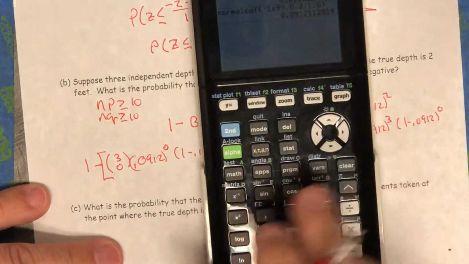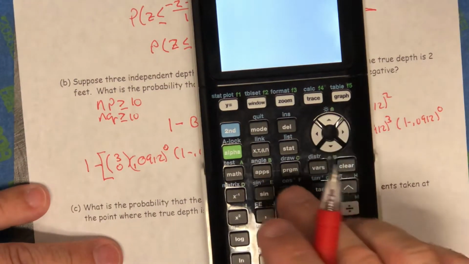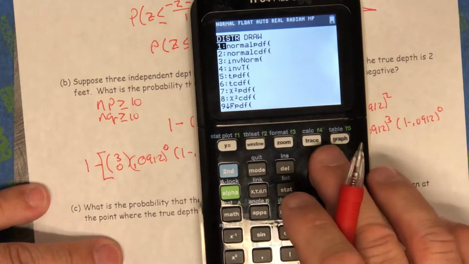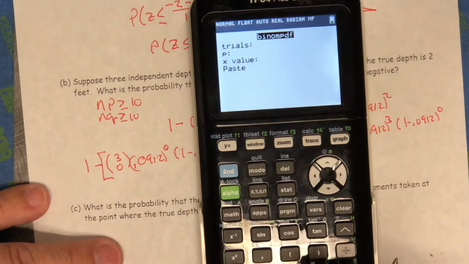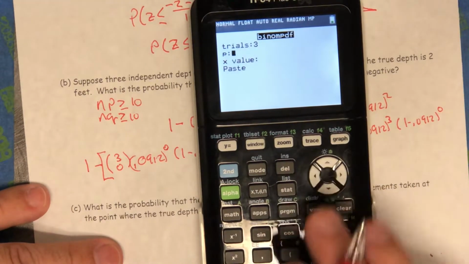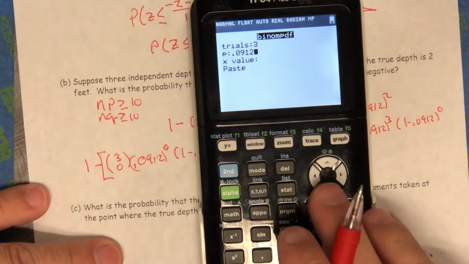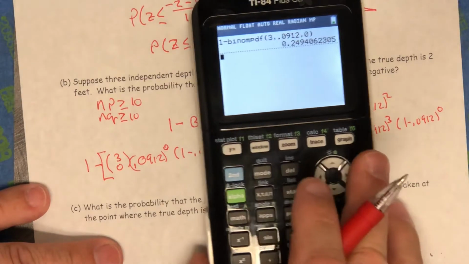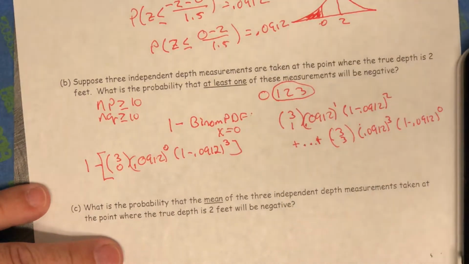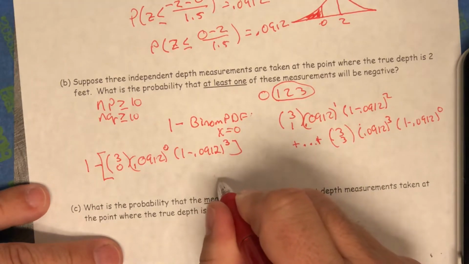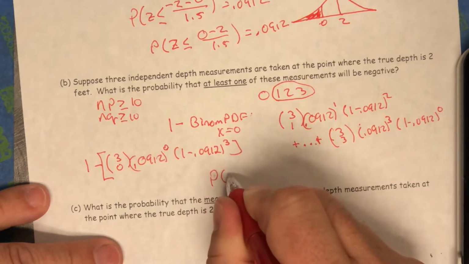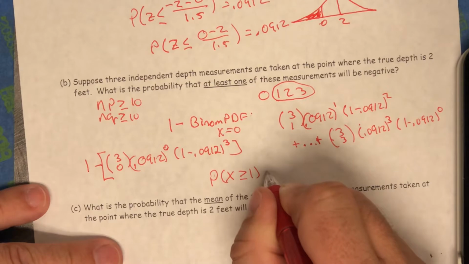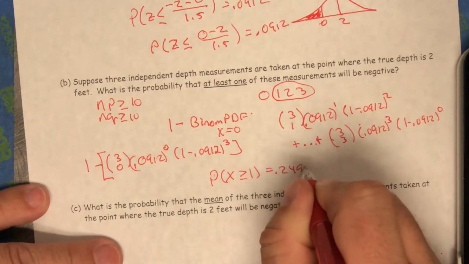And if I'm going to go ahead and use this method right here when I plug it in the calculator, so 1 minus second VARS binomial PDF, 3, 0.0912, and my x value happens to be 0 this time. And there's a 0.2494 chance of that happening. So the probability that x is greater than or equal to 1 equals 0.2494.